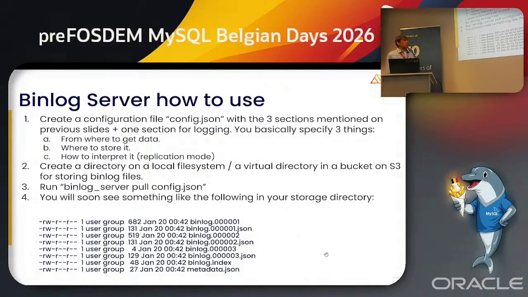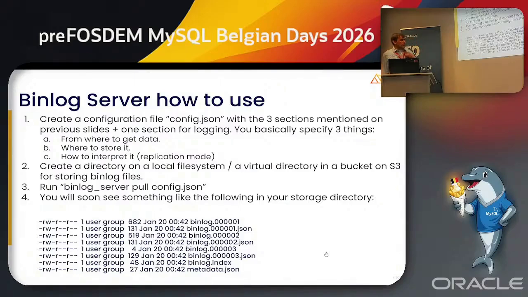So how to use it? Just create a simple configuration file. Put these three sections I just described, plus one section for logging I omitted here for simplicity reasons, and run the utility: binlog server pull JSON config. Very soon you will see something like this.